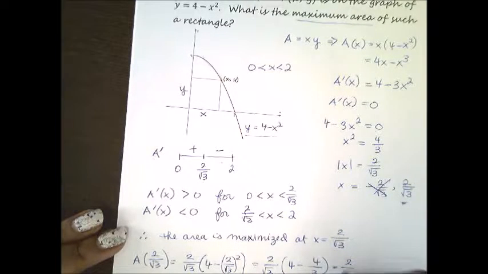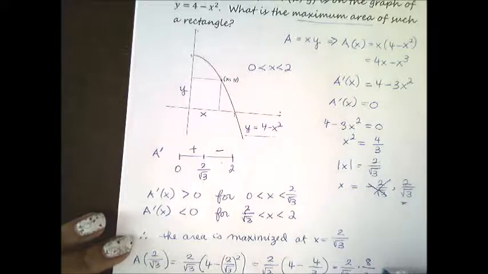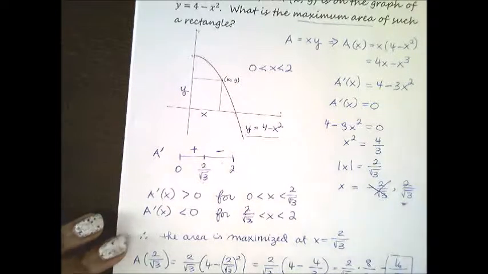That's 2 divided by the square root of 3 times 8 thirds, which is 16 divided by 3 root 3. Okay. That's the answer to the question.